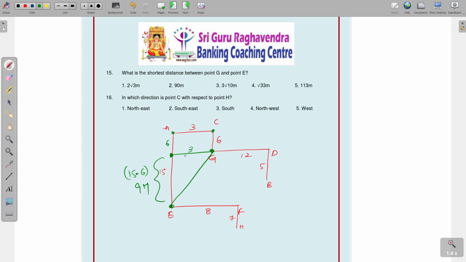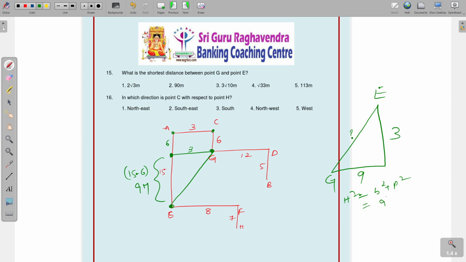Okay, so a right angle triangle is formed. I am writing it separately, E and next G. This side is 9 meters and this is 3 meters. We need to find this one. Apply Pythagoras theorem. Hypotenuse square equals base square plus perpendicular square.